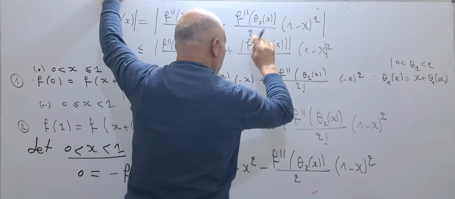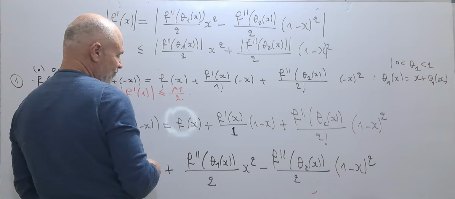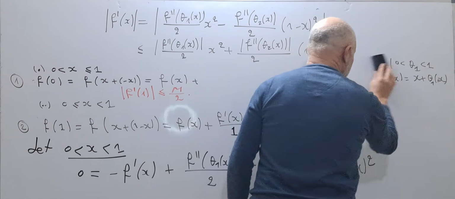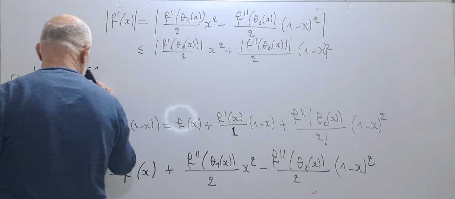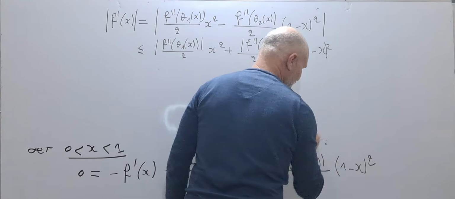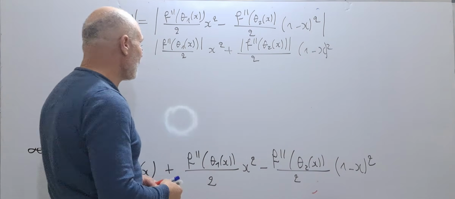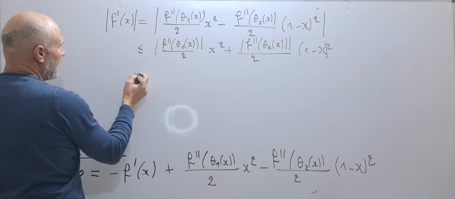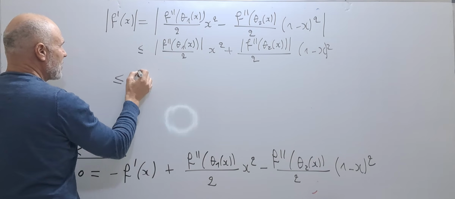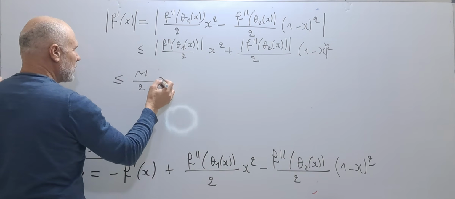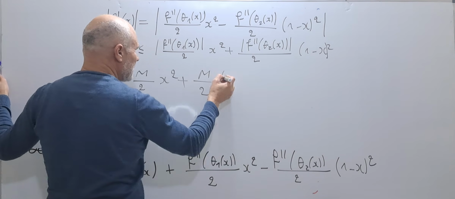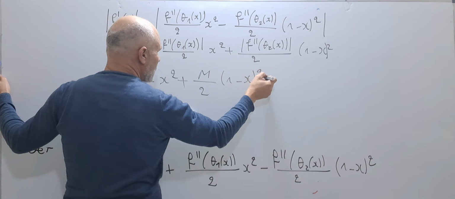This is positive, and we take the absolute value. This gives us the right to write that this is bounded by M, so we have M over 2 times x squared plus M over 2 times (1 minus x) squared.